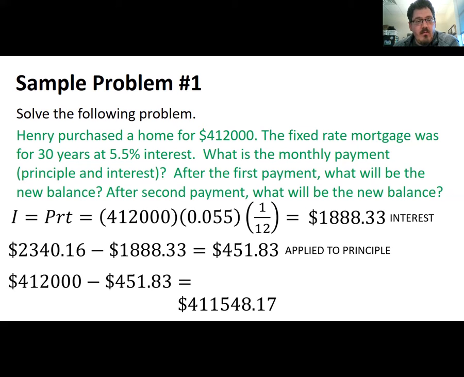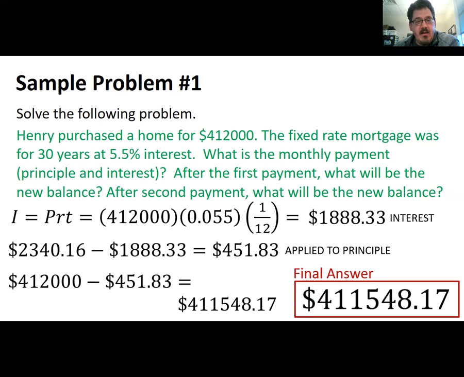We subtract off the $451.83, and that gives us this new principal balance of $411,548.17. Okay, so the balance of the principal decreased by about $450, and that's after the first payment.